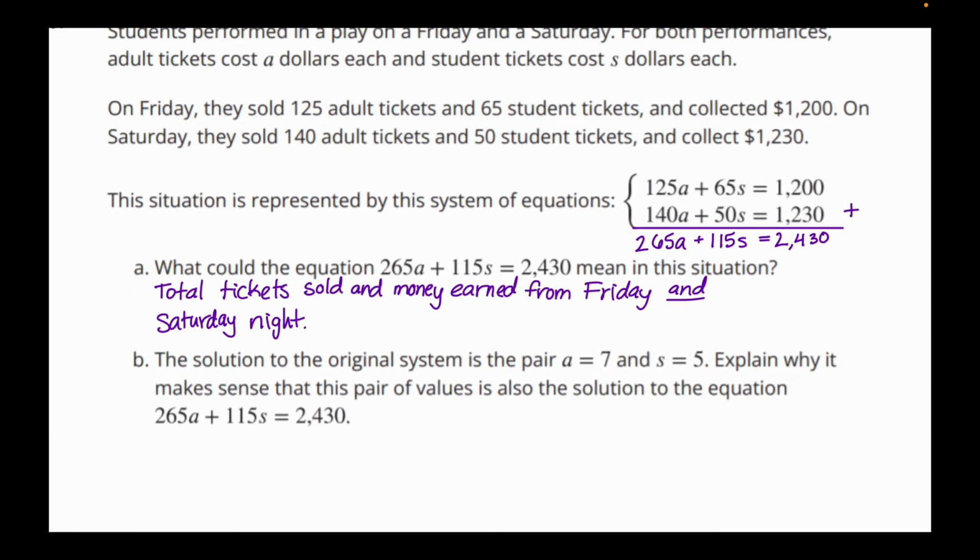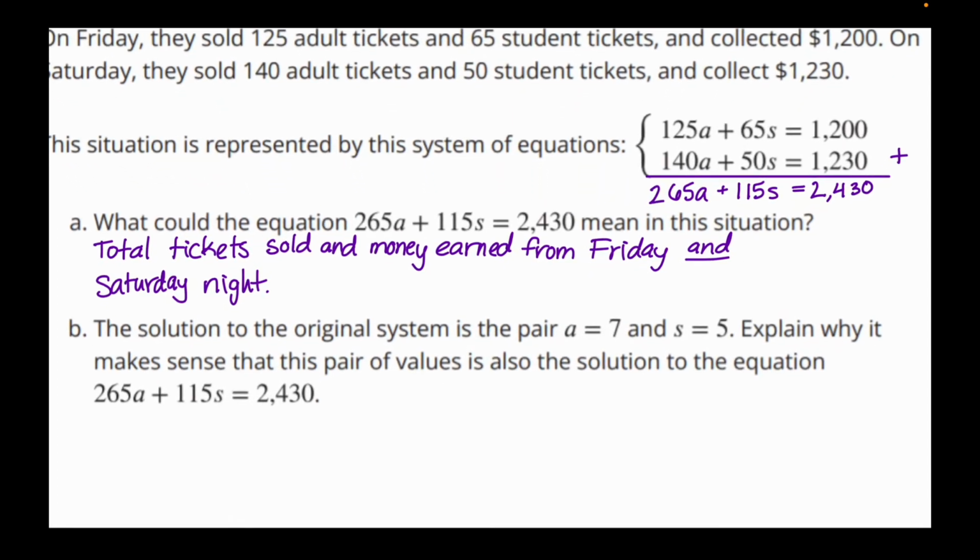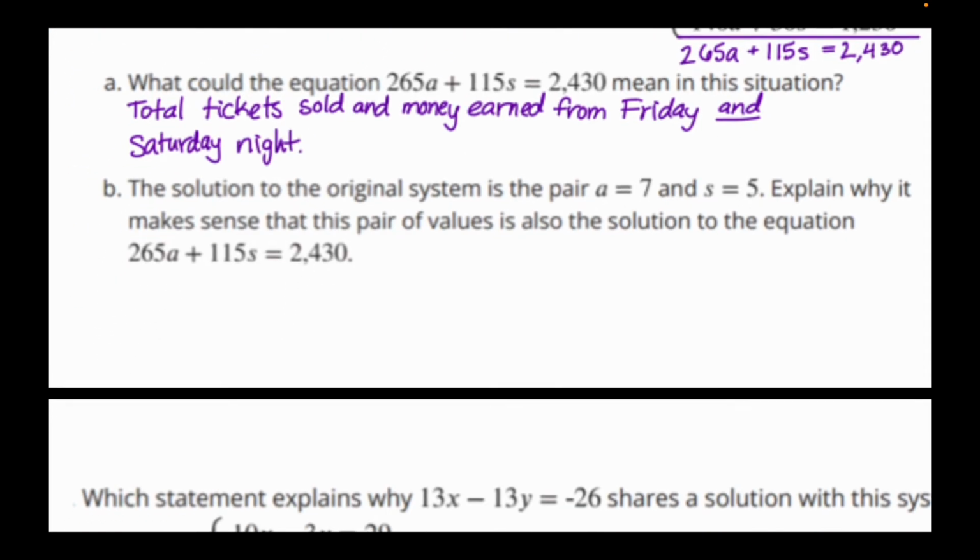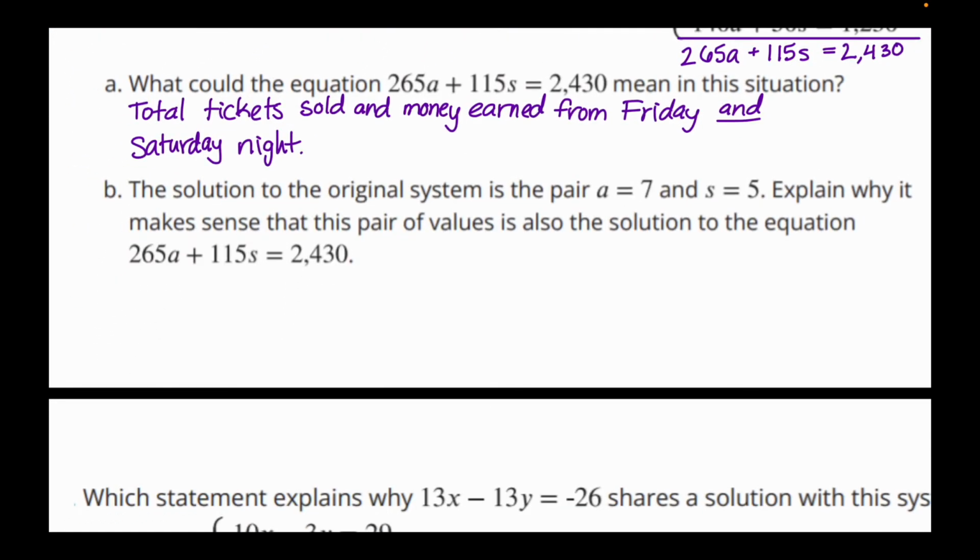Part B here says the solution to the original problem. So let me actually change my scroll direction here. Solution to the original system is the pair A equals 7 and S equals 5. So we want to explain why it makes sense that this pair is also a solution to this new equation.